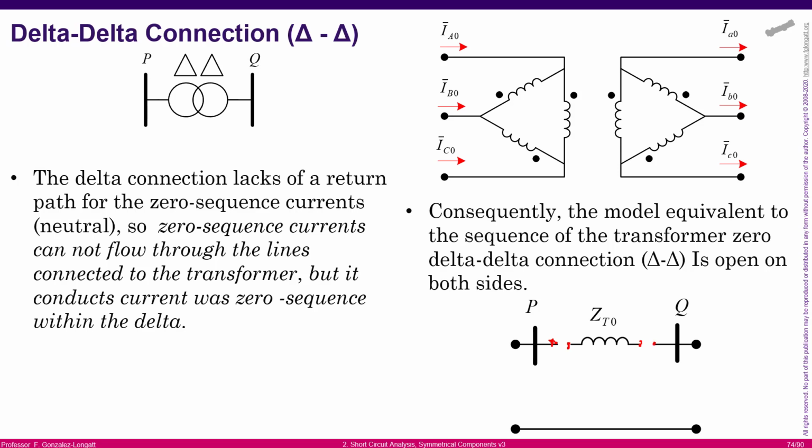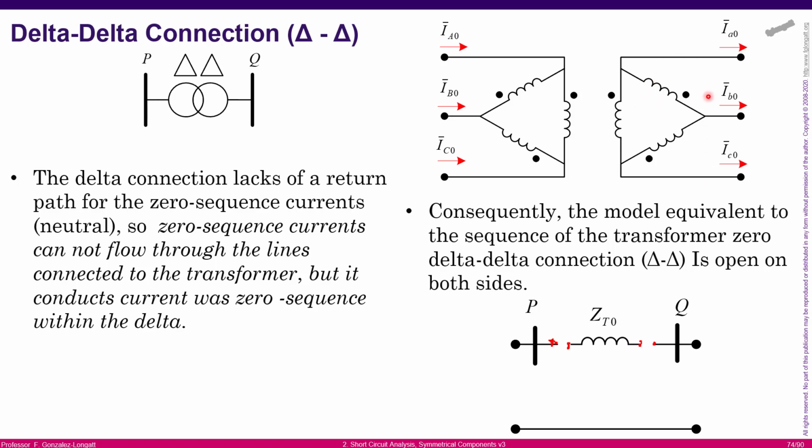What I'm trying to say is that when we have delta connections, we don't have the possibility of having zero components at the lines, because there is no way that the zero components go to ground and then emerge on the other side. And on the other side it is the same. We have a delta connection.